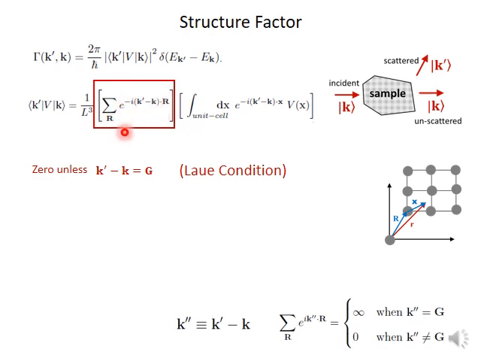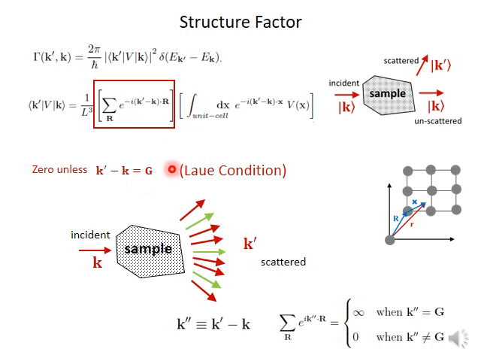So this part of the matrix element just gives you some number whenever this condition is satisfied, and it gives you 0 whenever it is not satisfied. What it means in terms of the scattering experiment is that you have this state k, and this k can scatter into many different k prime states, but this condition would be satisfied only for certain specific k prime states, let's say the green ones here.